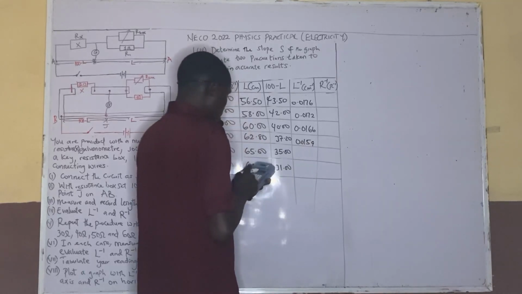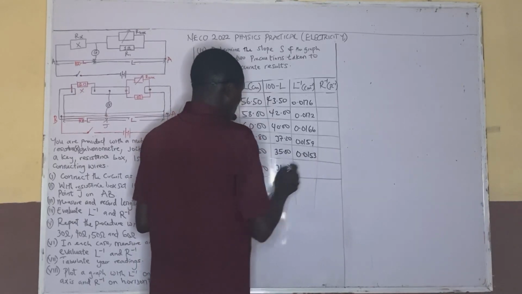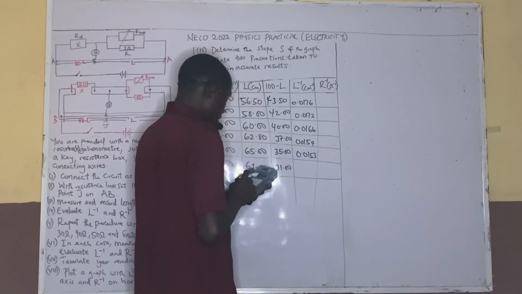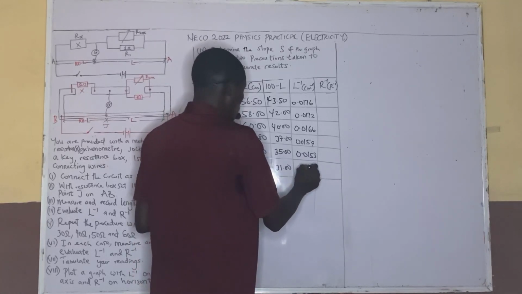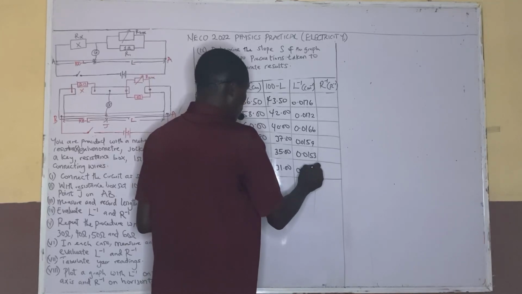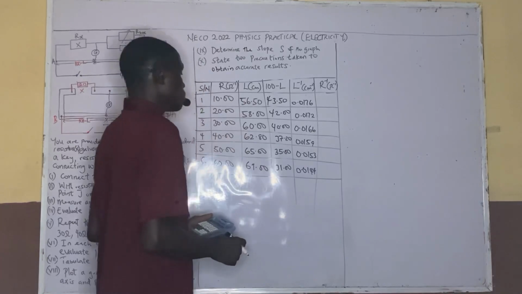So 1 divided by 65, 0.0153. 1 divided by 69, 0.0144.